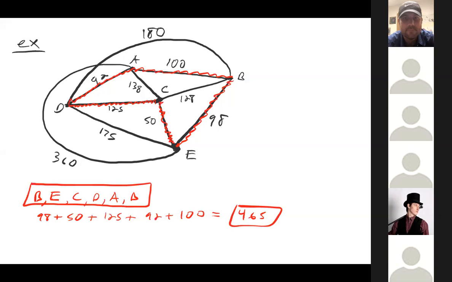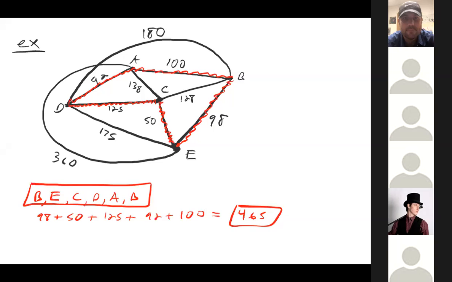This is my route right there. Okay. So that gives you kind of a good understanding of how to do those. Does everybody understand how this works? Does anyone have any questions on this? Not currently. Okay.